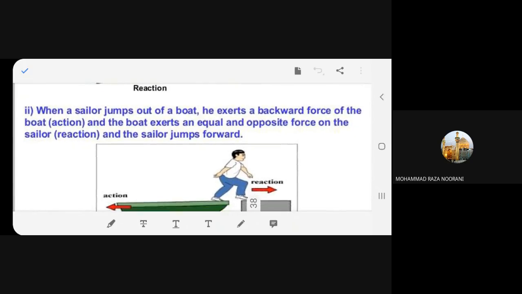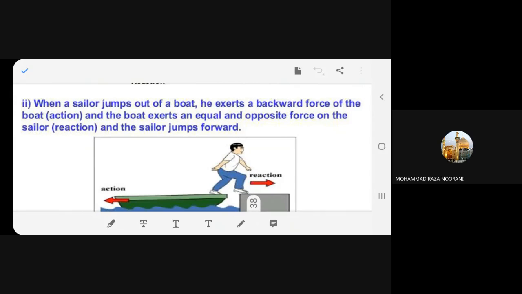Now the next. This we must have observed many times. Read.